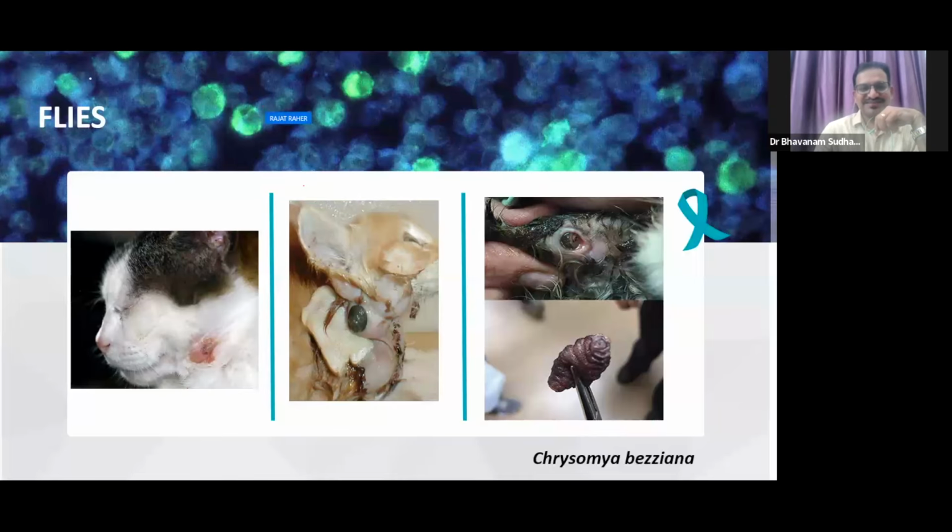Next is flies. Here also, small erythematous lesions or pustules may rupture and attract more flies.